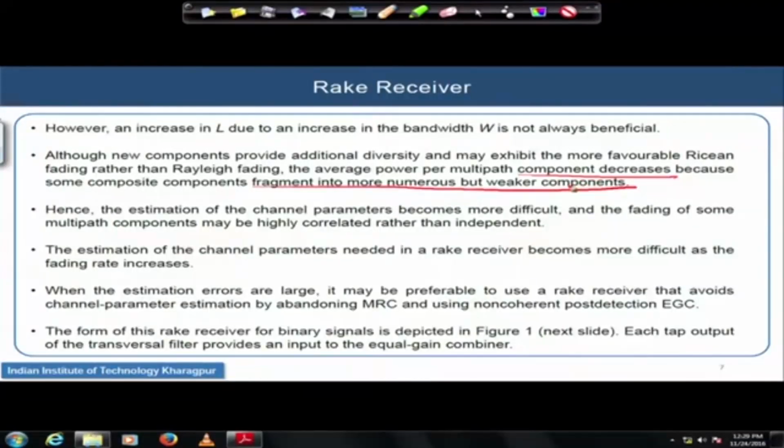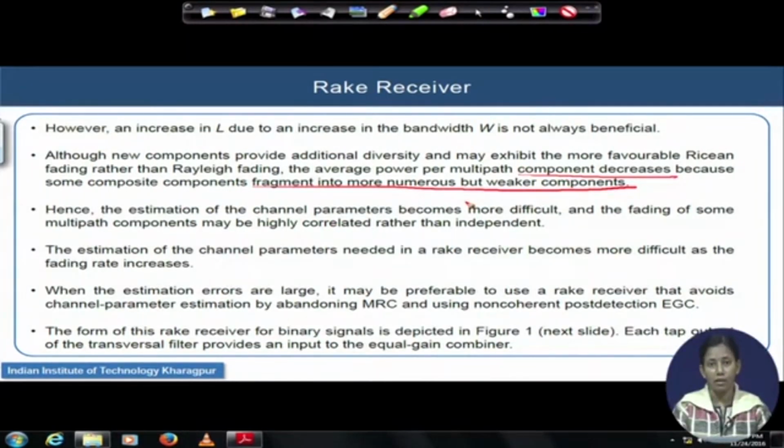Remember the whole computation of the error probability in the last few slides: it totally depends on the fact that all the multipath components received are independent of each other. That is why we can combine them independently, they can be processed independently, and there is no correlation between them. But if the Rayleigh fading has changed to Rician because new components have been added from the environment, and that addition is such that they are heavily correlated to each other, then the fundamental assumption is lost, and the components won't be independent anymore.